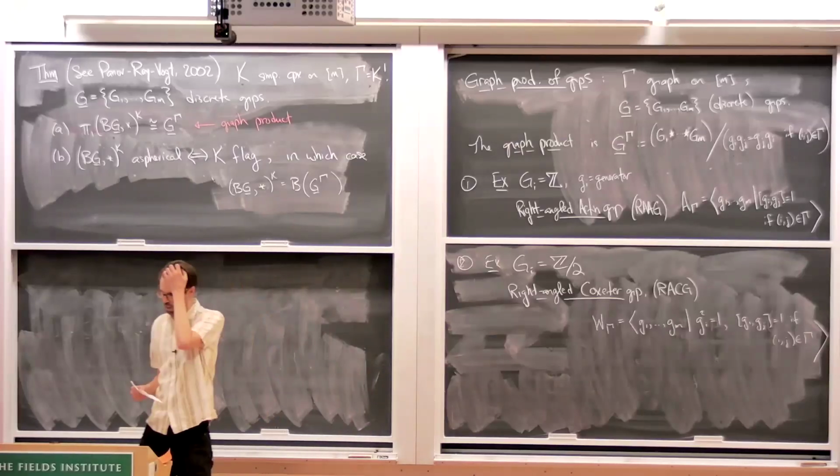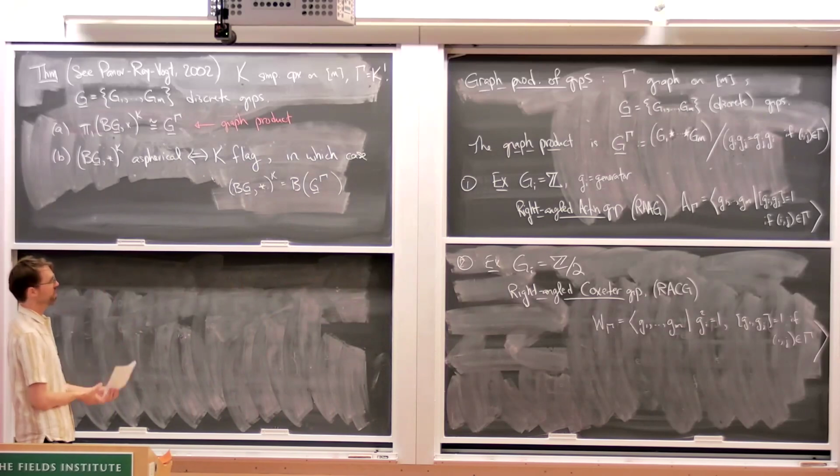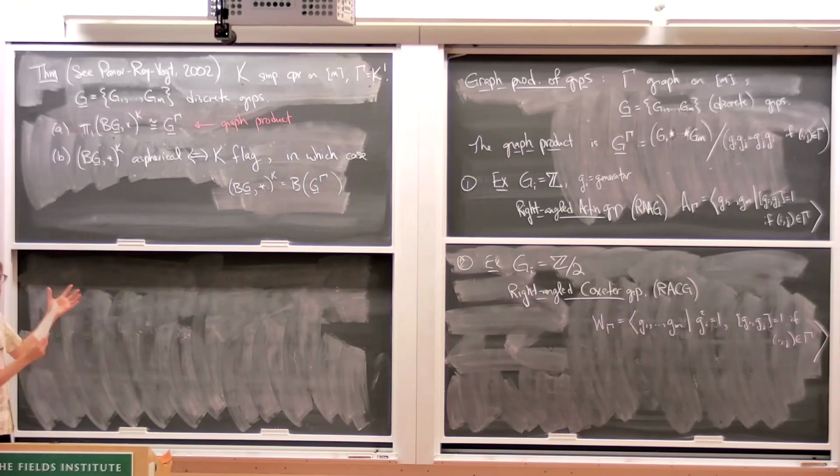So I think there's probably lots to say about connections between polyhedral products and geometric group theory or classifying spaces, but this theorem is sort of the fundamental connection between these topics.